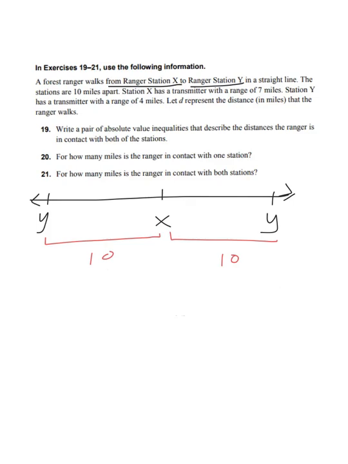Now, the second part of the information says that each station has a transmitter range for the forest ranger to communicate with. So for station X, the transmission range is 7 miles. So if I look at this from X to the left and X to the right, that's going to be 7 miles left and 7 miles right.